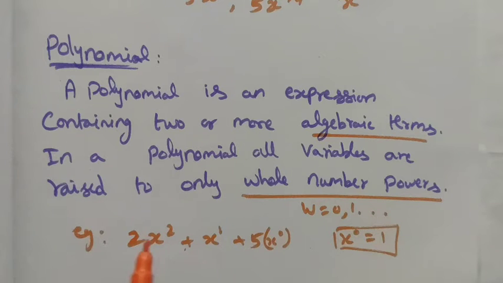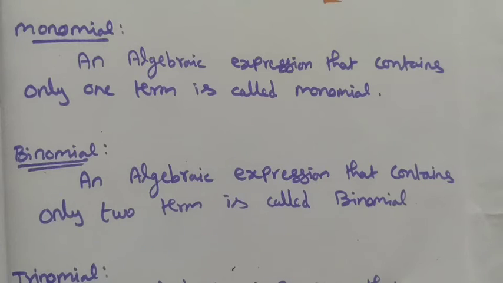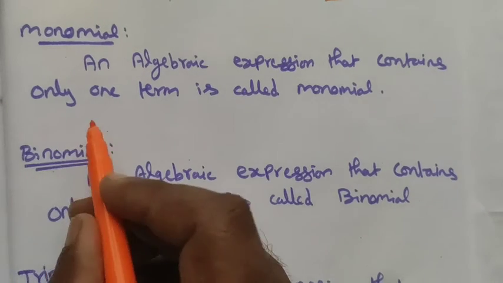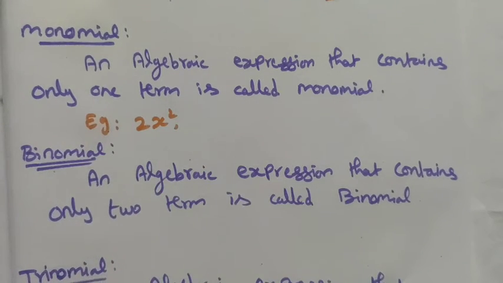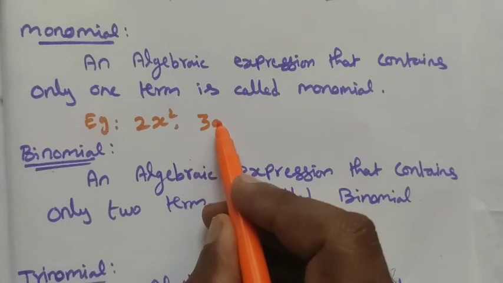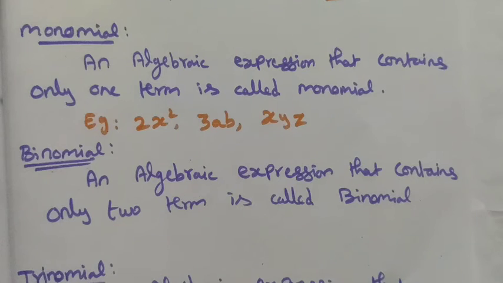That's simple, right? In a polynomial, all the variables are raised to whole number powers only. Next we see monomial. An algebraic expression that contains only one term is called a monomial. For example, 2x square, 3ab, or xyz.